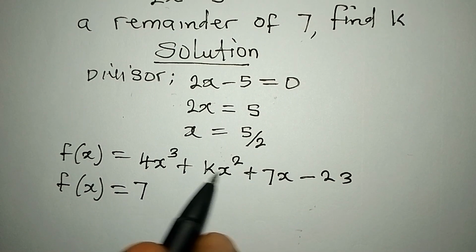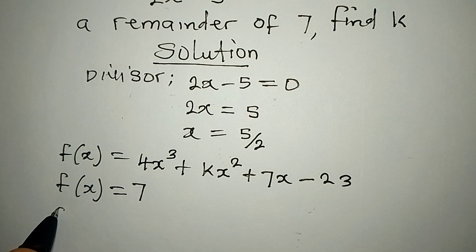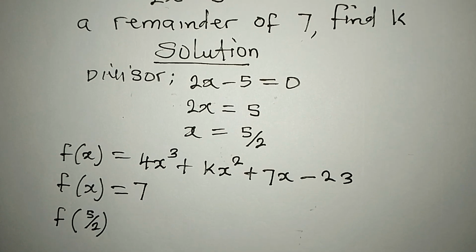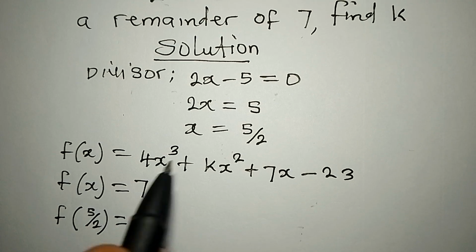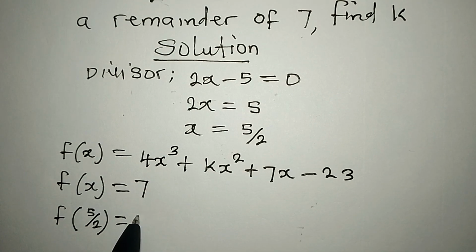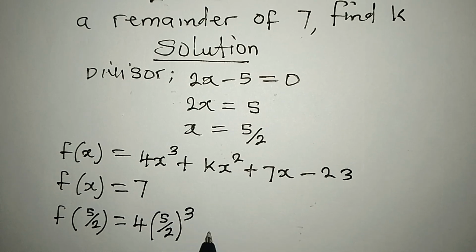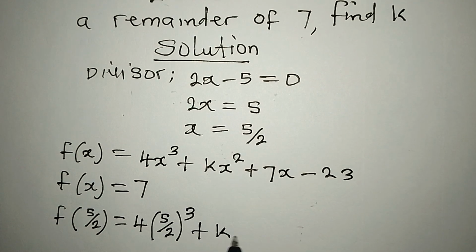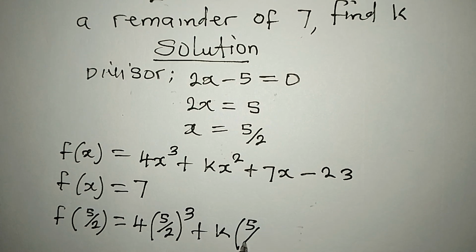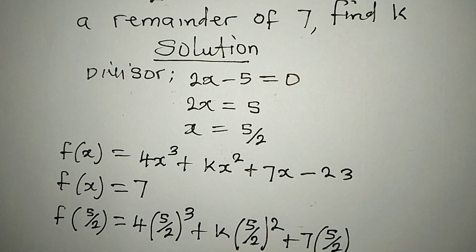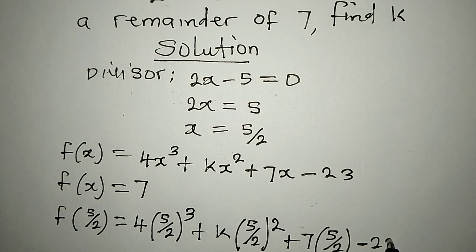Our dividend is what we have as the numerator, right? So our f of 5 over 2, because x is 5 over 2, will now be equal to, from the dividend, 4 into bracket 5 over 2 to the power of 3 plus k into bracket 5 over 2 to the power of 2, then plus 7 into 5 over 2 minus 23.